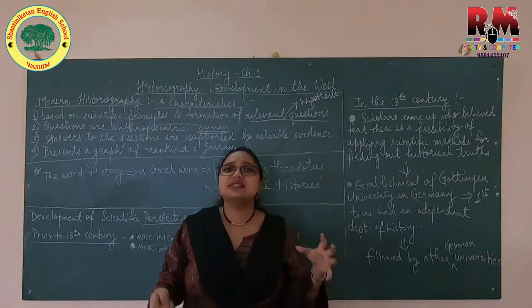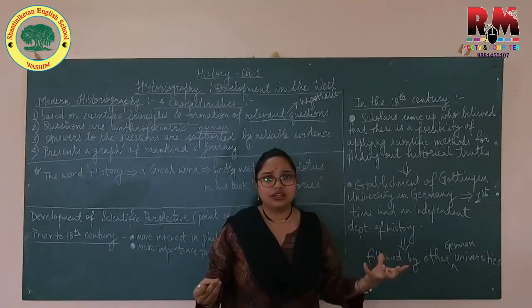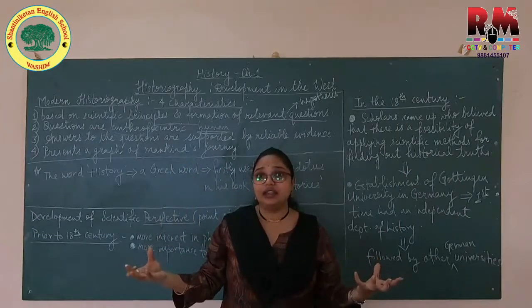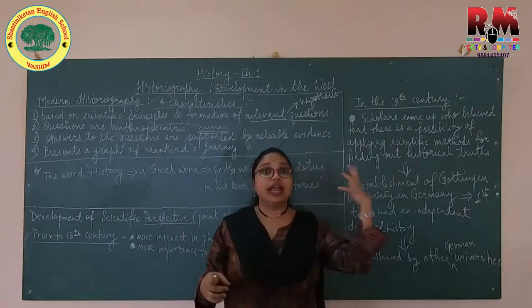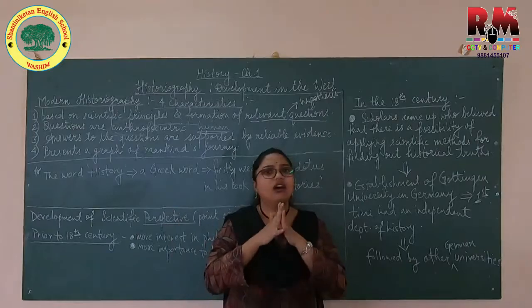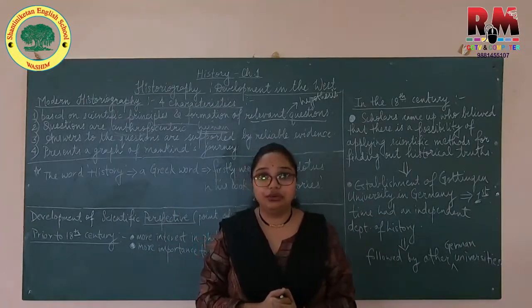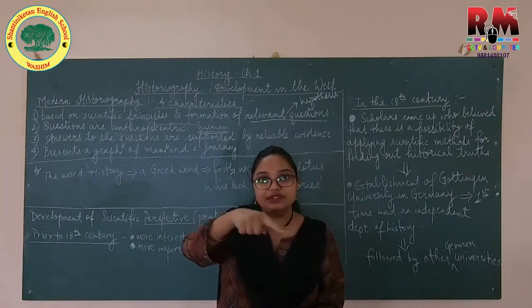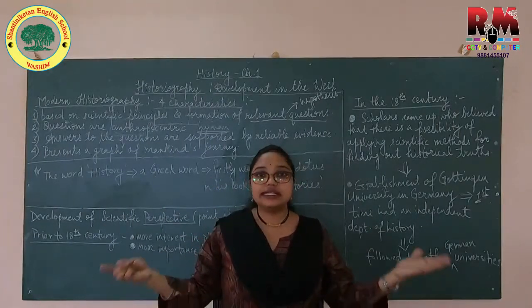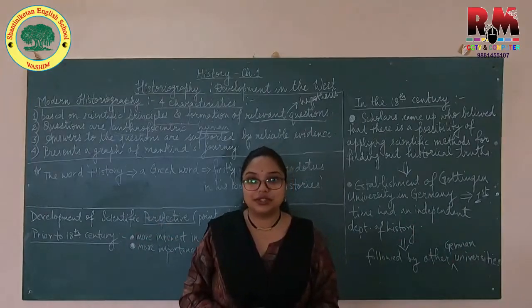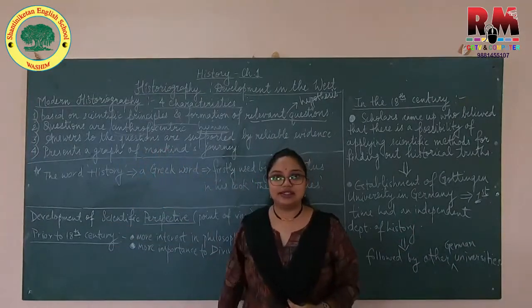That means you will not connect your historical research with any divine phenomenon or any miraculous power or god-like thing. Whatever historical research you are doing, it will revolve around human life, human actions, human deeds, and particularly human history. That will be your second characteristic.